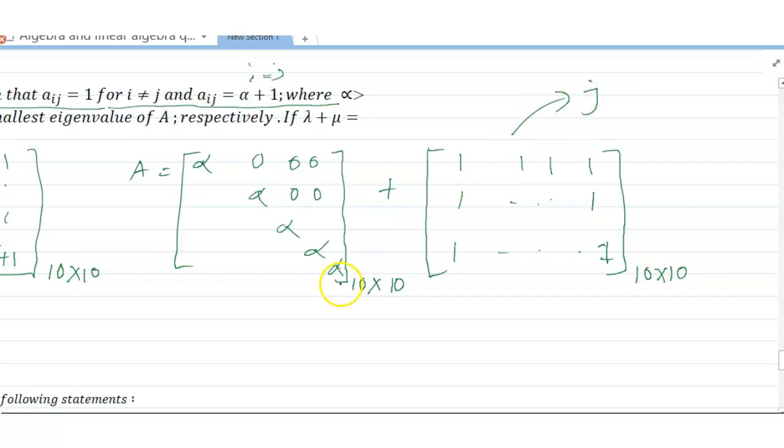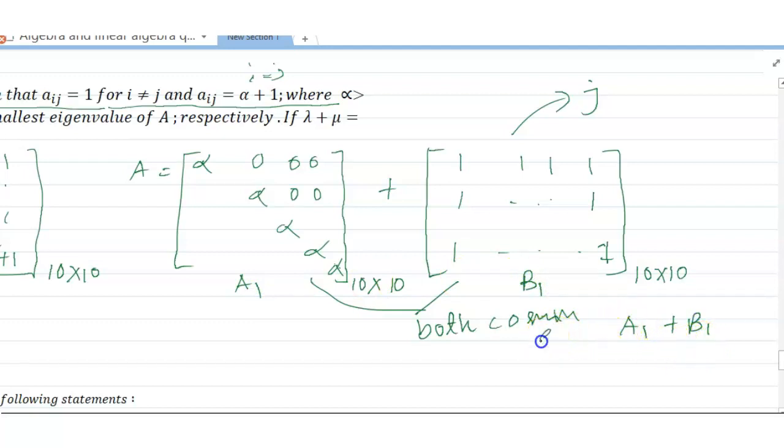Both are commutative, because I can write A as A1 plus B1, and A1 plus B1 equals B1 plus A1.